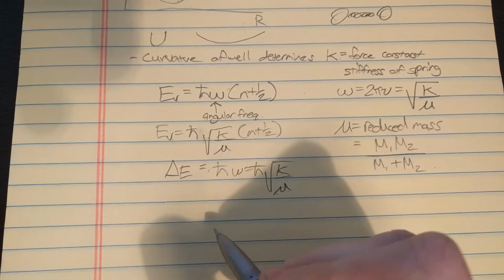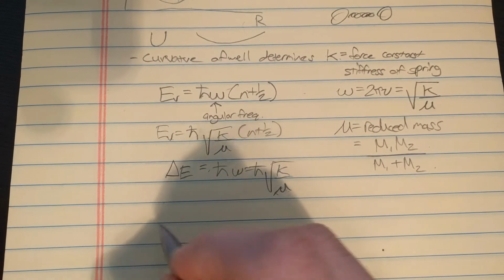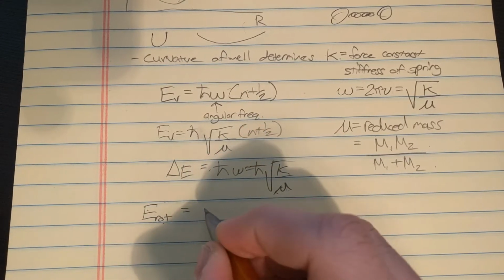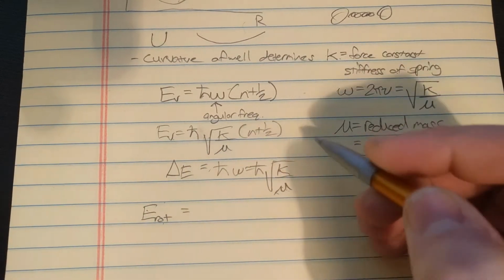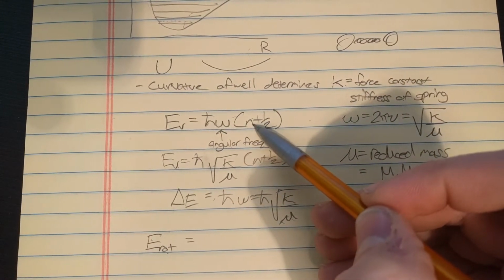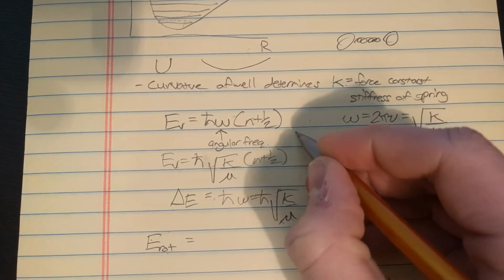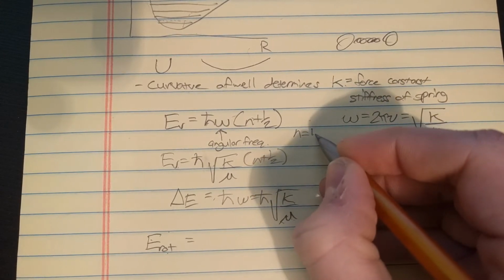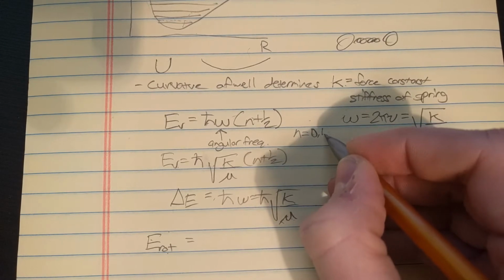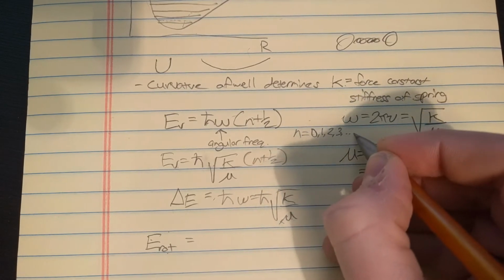Okay, now let's talk about the rotational energy levels. So the rotational energy levels, E sub rot, are... Oh, I forgot to mention up here that this n is called the vibrational quantum number, and n can be 0, or 1, or 2, or 3, and so on and so forth.